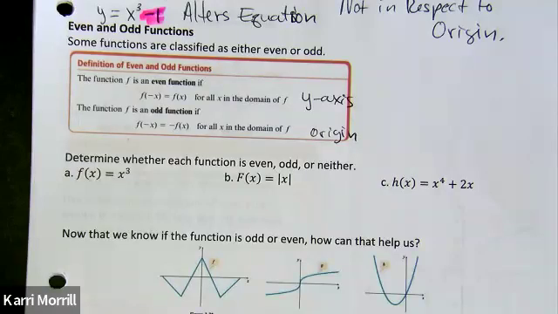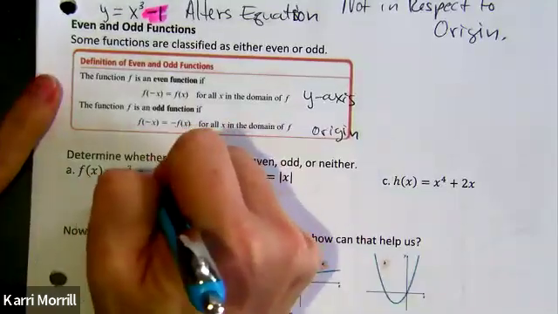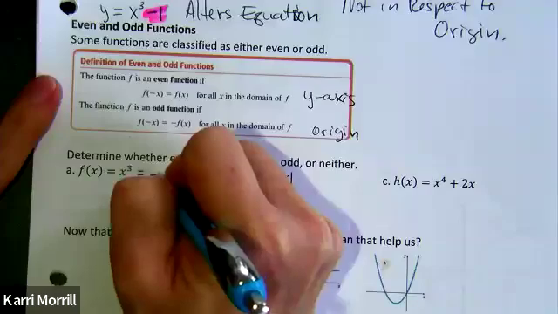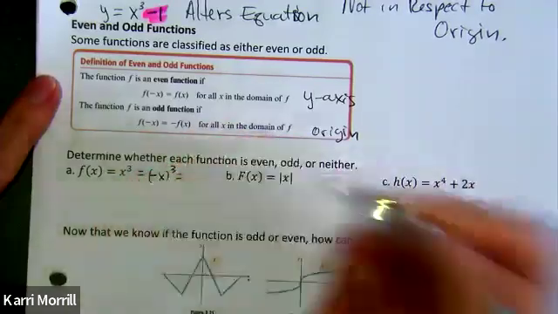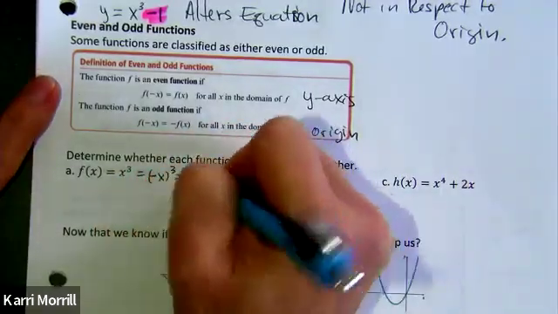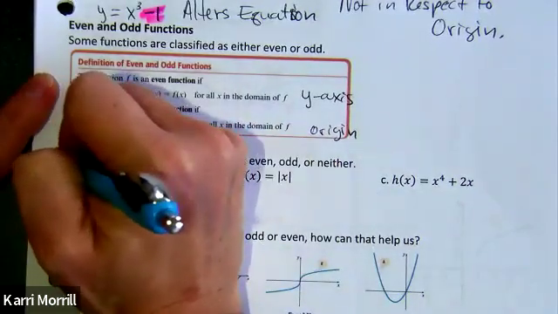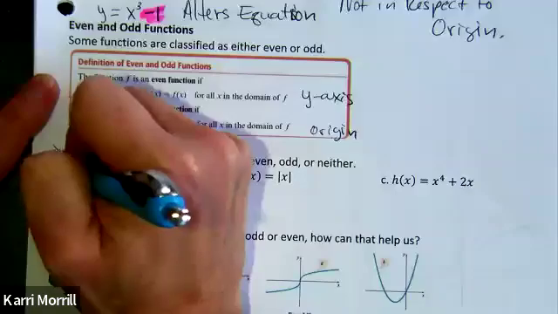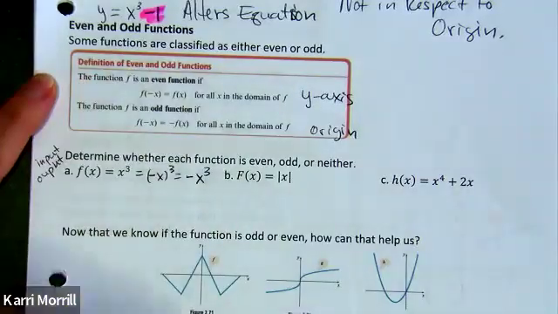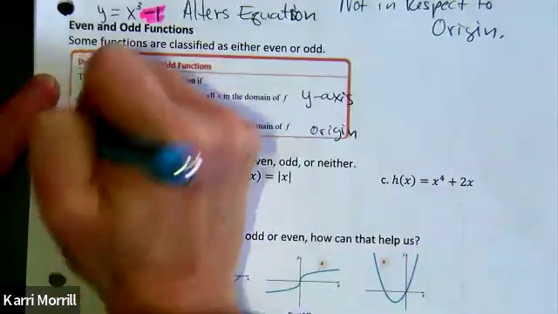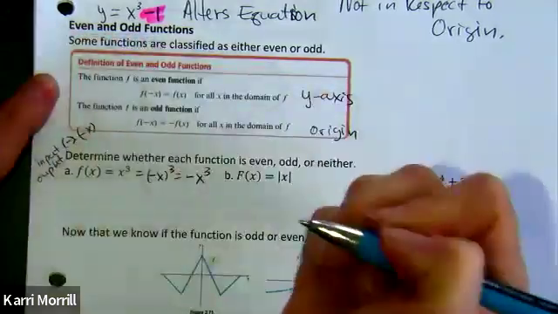So sometimes they classify them as even or odd. Like letter A, if I were to change this to a negative x and cube it, I would get out a negative solution, right? So it's like those inputs and outputs. If you plug in a negative, that's going to be like a negative x.